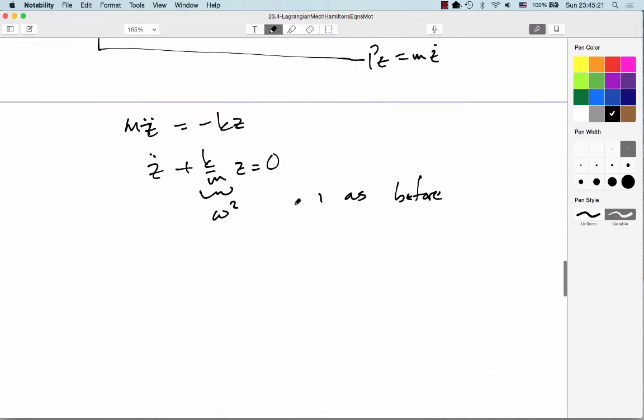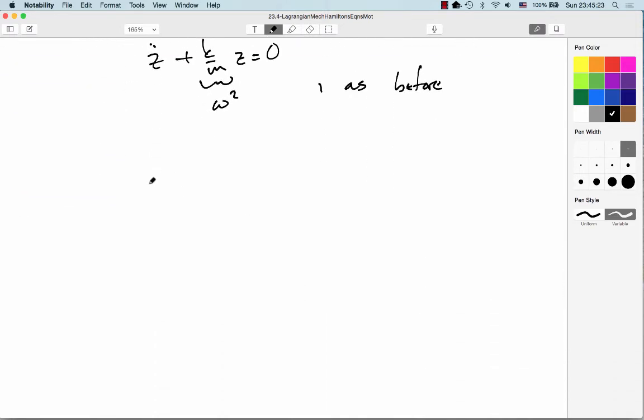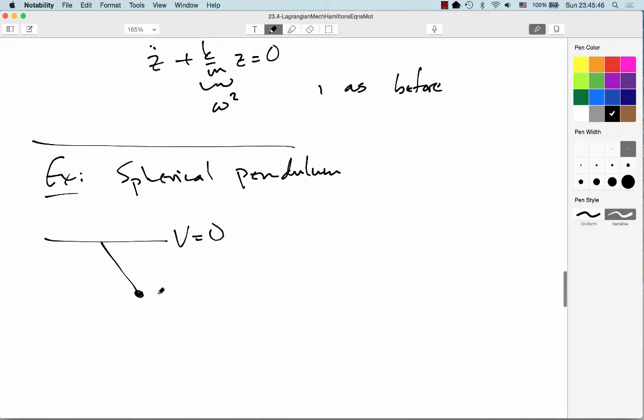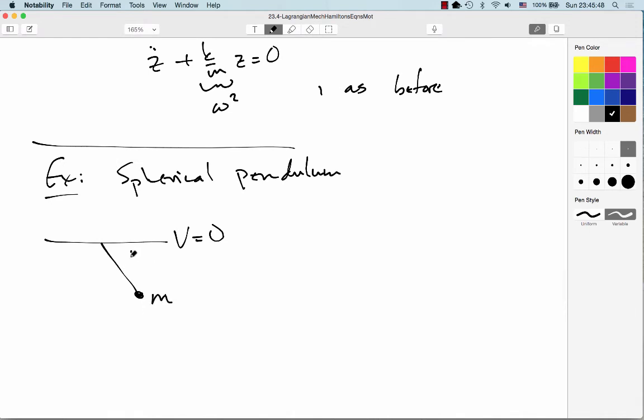Let's do another example here. Let's revisit the spherical pendulum, so our bar of soap in a bowl, if you will. And here I'm just going to be a little smarter and make that my V equals 0, so I don't have to shift my potential later. Say the length of the string was b.